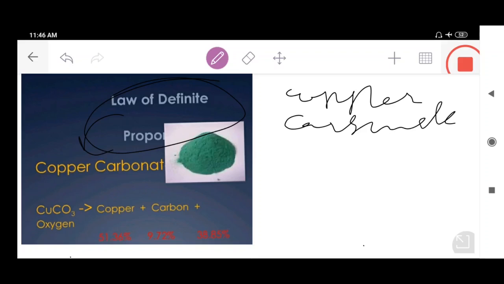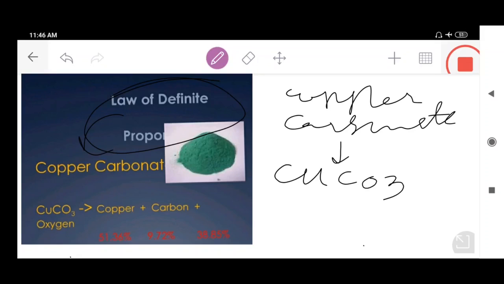This is the formula of copper carbonate. The symbol of copper is Cu, and carbonate is CO3. As far as this copper carbonate is concerned, here also you will see the definite proportion.